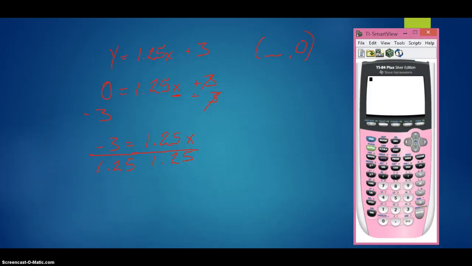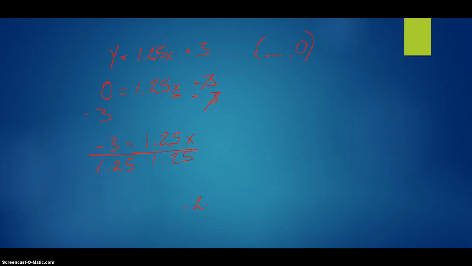So let's clear. We're in our home screen, and we have -3 divided by 1.25, and that equals -2.4. So my intercept is -2.4 and 0.